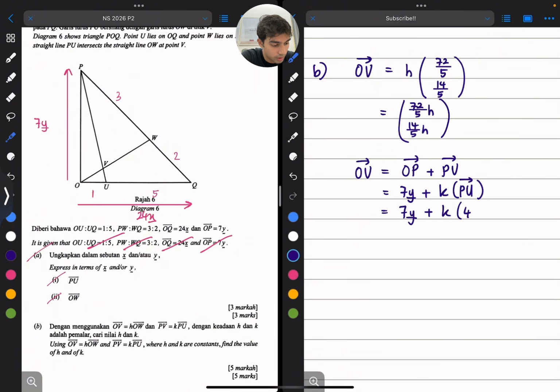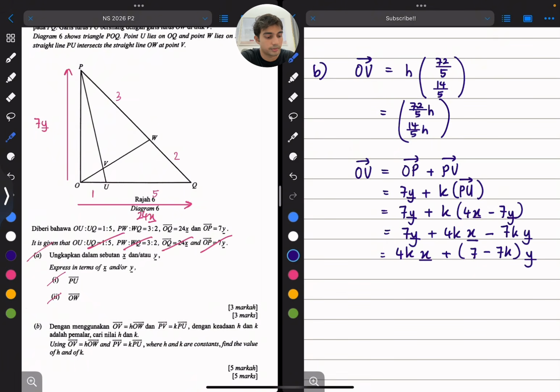So you can say 4x minus 7y. Okay, then we expand. 7y plus 4kx minus 7ky. So we rearrange the x, we write it in front. Y we can factor out, so we get 7 minus 7k y. Then we convert this to matrix form also, easier to see. So x is 4k, y will be 7 minus 7k.